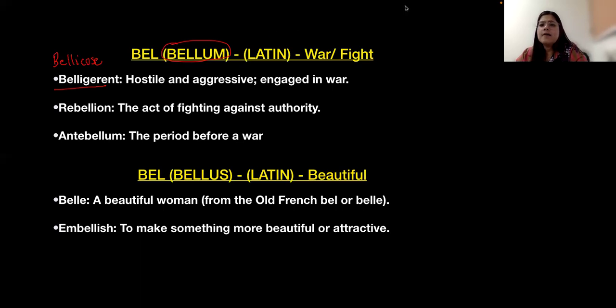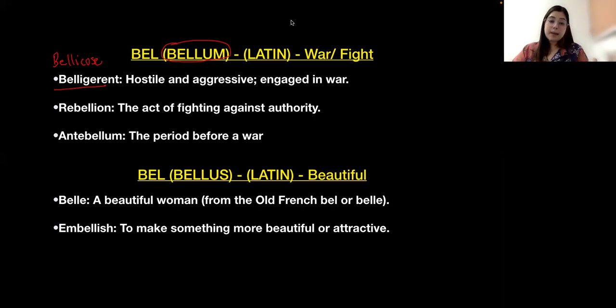Someone who is very hostile, someone who is always ready to fight, someone who is very aggressive, gets fired up very easily, is a belligerent person, a bellicose person. Again, a rebel is someone who wants to fight against the norm, against authority. Rebellion is the act of fighting against authority.